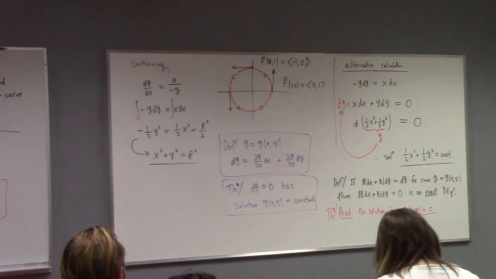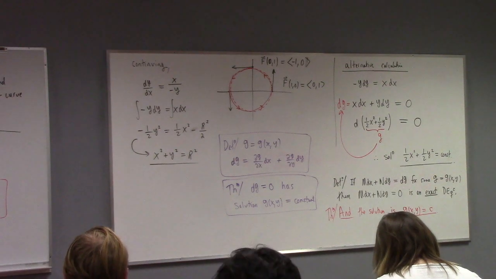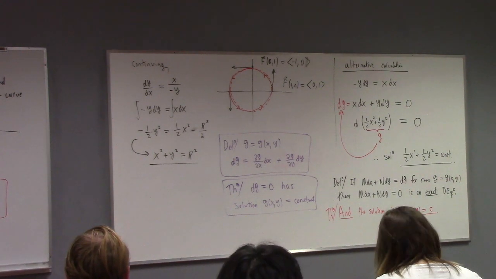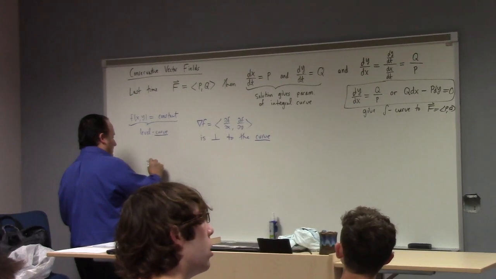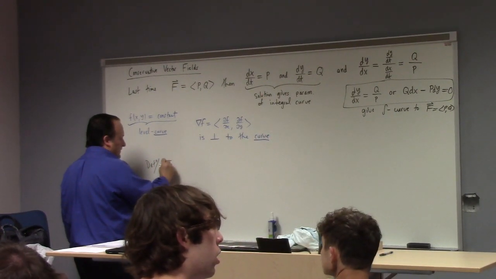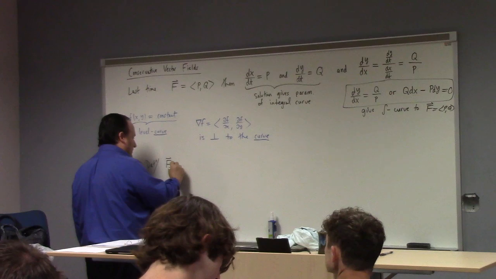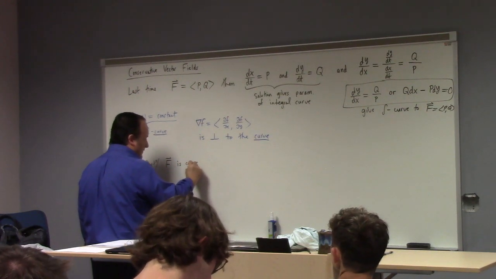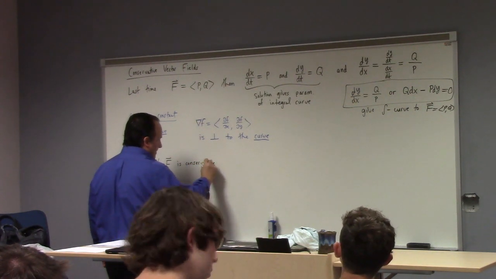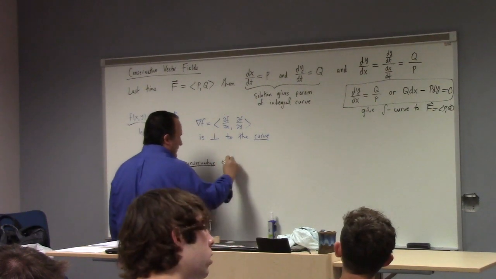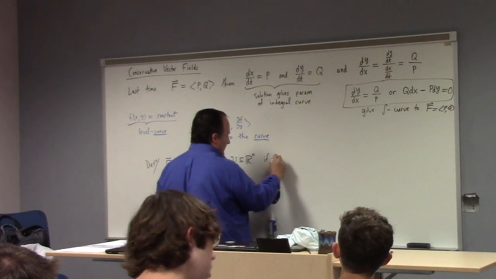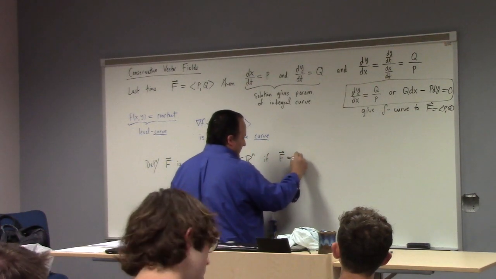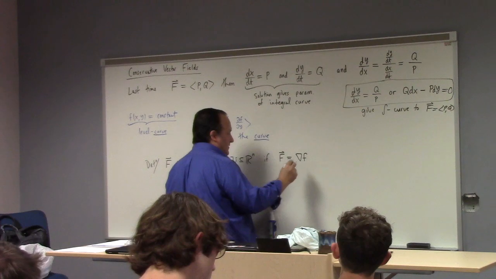What does this have to do with conservative vector fields? So let me remind you another definition here. F is conservative on U, a subset of Rn, if F is equal to the gradient of some little function f here.